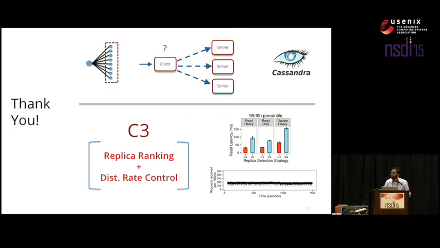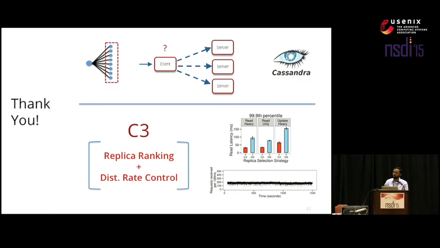Chen-Hong Lee from Google. I'm wondering whether you have data breaking down the contribution of these two techniques to the latency improvement. Yeah, we've addressed this in the paper. Replica ranking, wherein we try to measure the relative performance differences between servers, is what gives us really the best deal for the latency. And the distributed rate control just ensures that we are not hitting the saturation point of different servers.